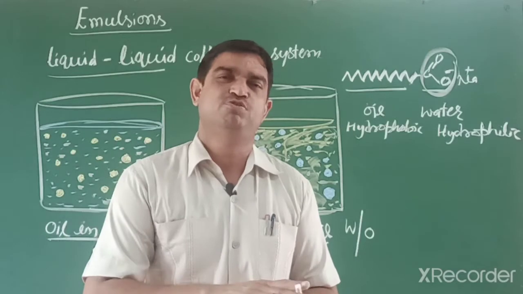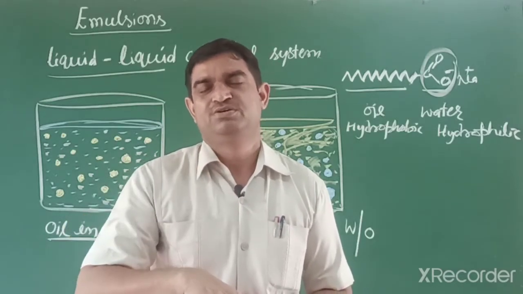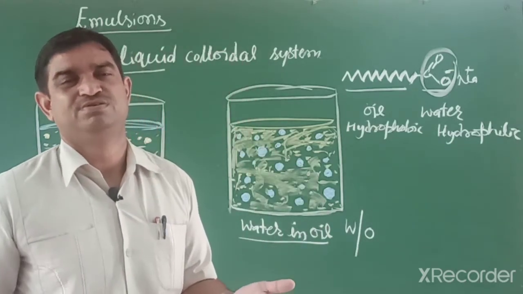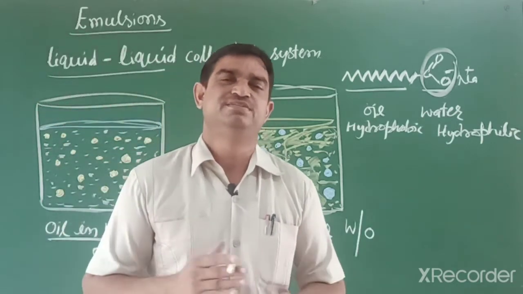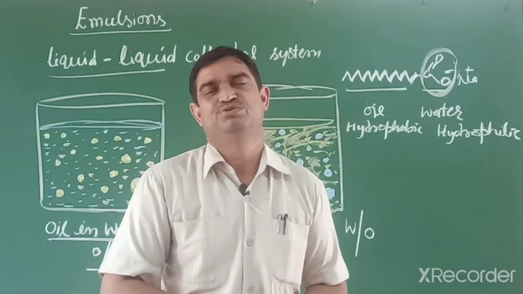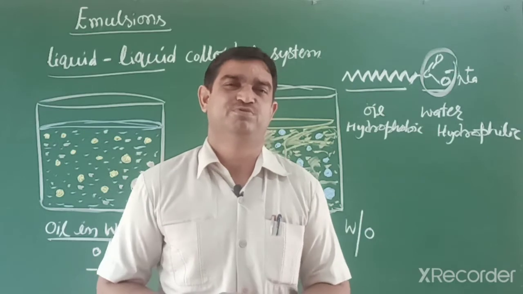But if we keep it for a long time, or by heating, cooling or centrifugation, the emulsion can separate out with different layer formation. What happens, students? When we heat the milk, the fat, the oil, comes to the upper surface and the water remains on the lower side, meaning separate layer formation.